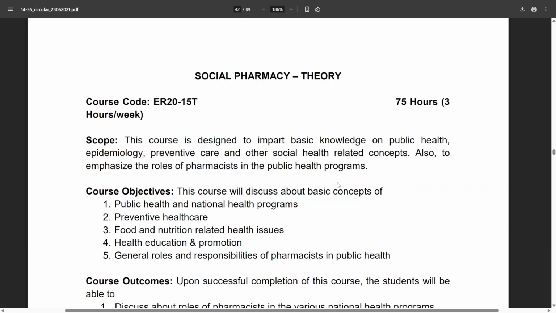Also, to emphasize the roles of pharmacists in the public health programs. Course objective: this course will discuss the basic concepts of public health and national health programs, preventive health care, food and nutrition related health issues, health education promotion, and general roles and responsibilities of pharmacists in public health.